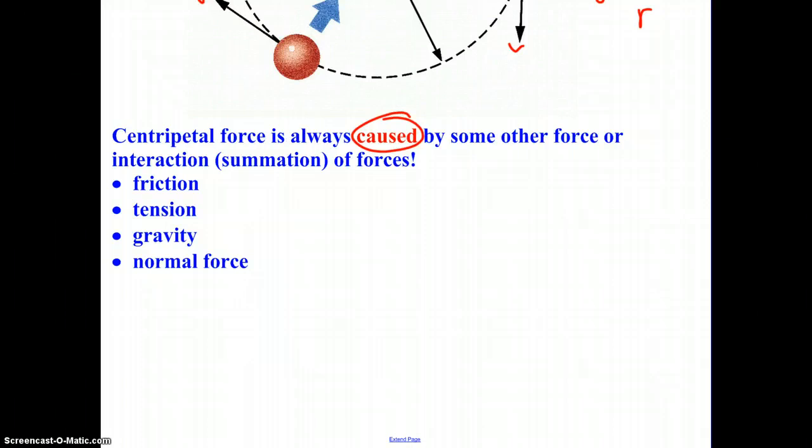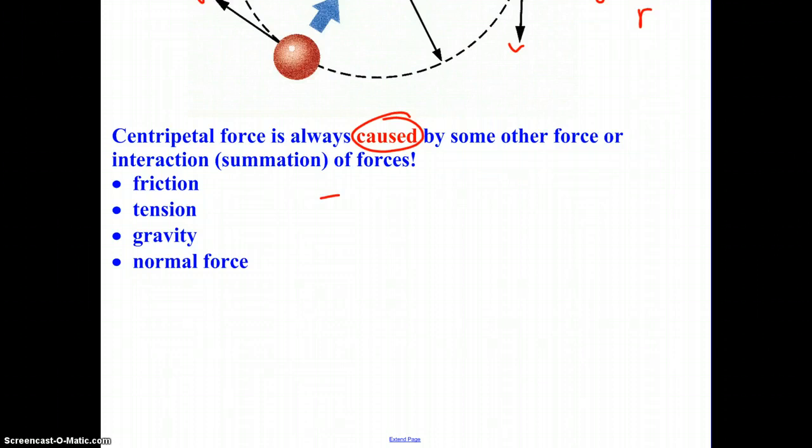Gravity can cause centripetal force, and we have a nice tie-in later in our unit with that, where the universal law of gravitation is applied in a centripetal force context. And normal force, if the object is resting on a curved surface, goes over the top of that surface or towards the bottom of that surface.